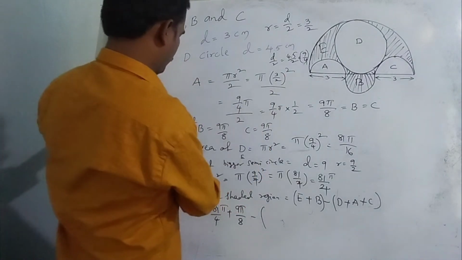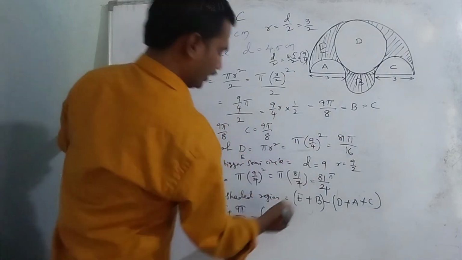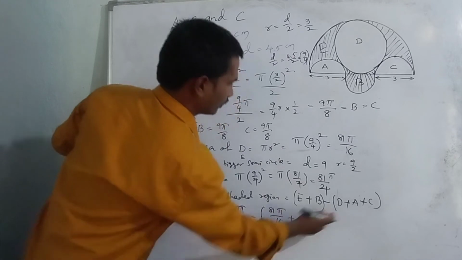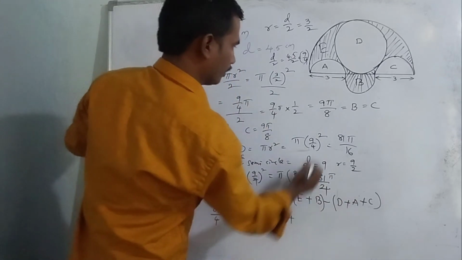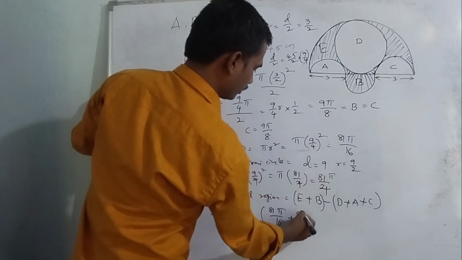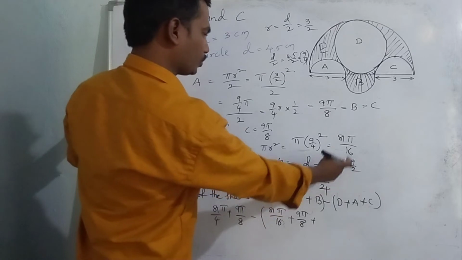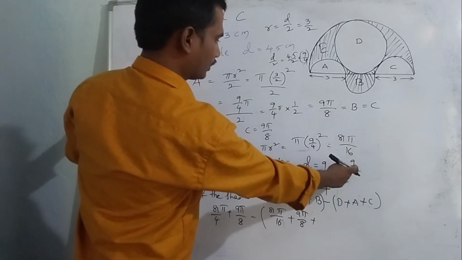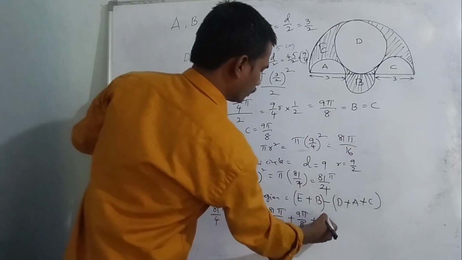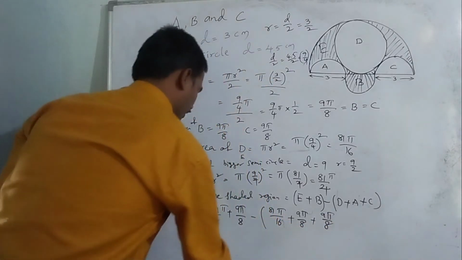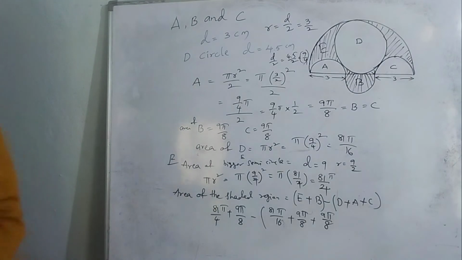D area, how much did we get here? D area 81 pi by 16, plus A area 9 pi by 8, plus last C area also 9 pi by 8. Now I am doing the remaining calculation part.